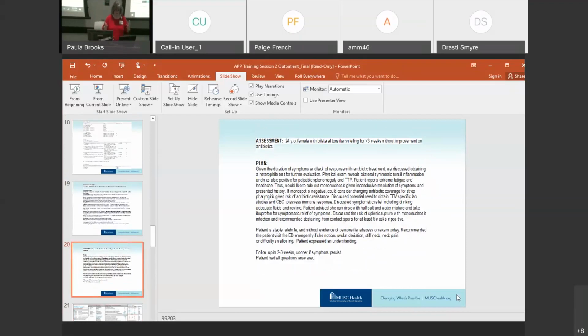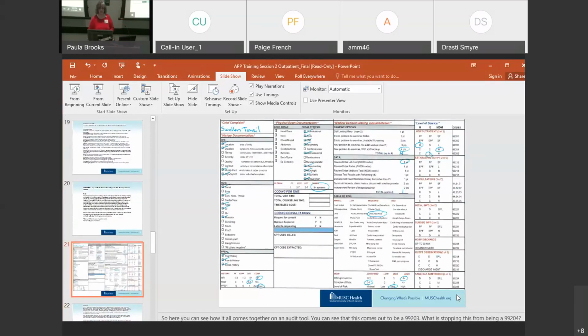We've got a new problem that they did some additional workup for. They ordered labs for this patient. And ultimately what it comes down to is that she had an undiagnosed new problem, which is moderate complexity.